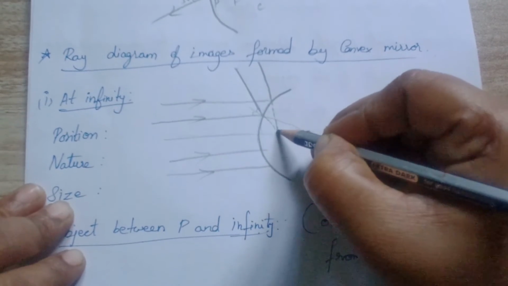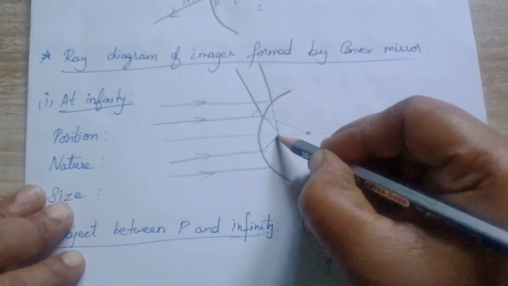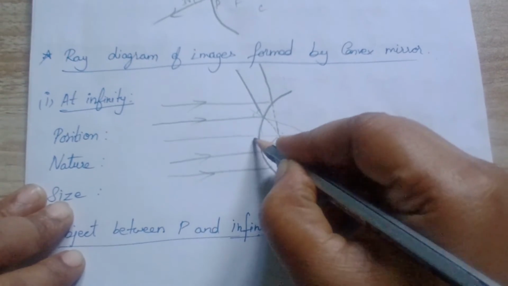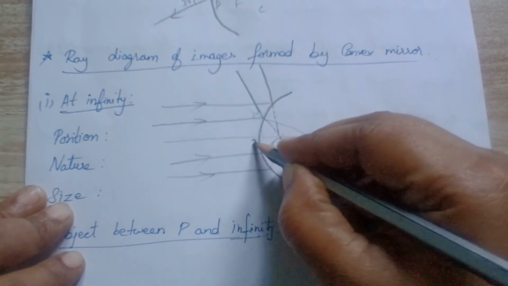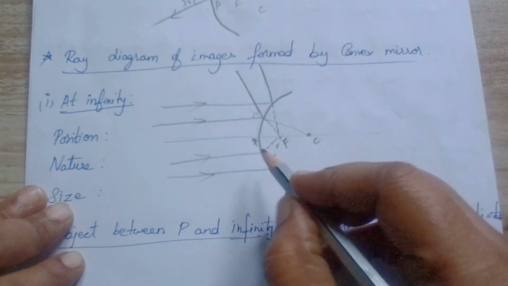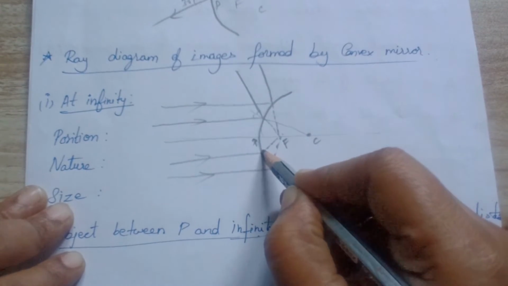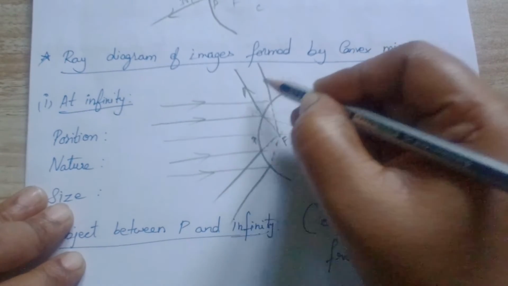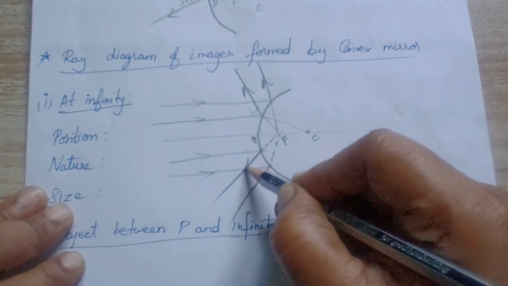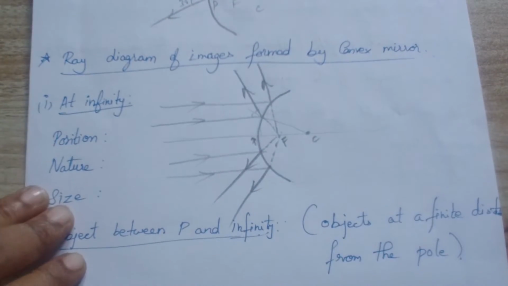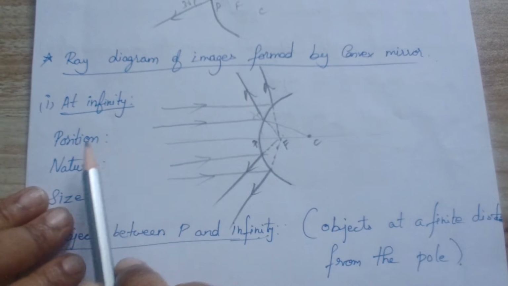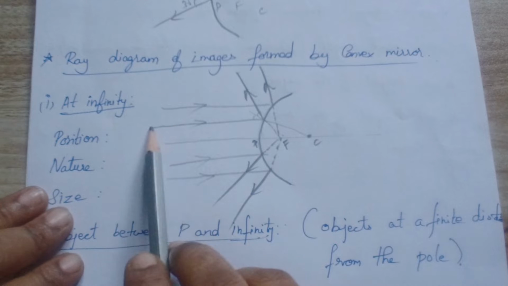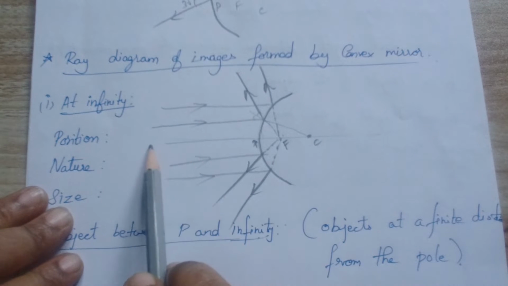It appears to diverge from the focal point like this. This is your focus point, this is your pole, this is your center of curvature. So it will be diverged like this. Clear on this?